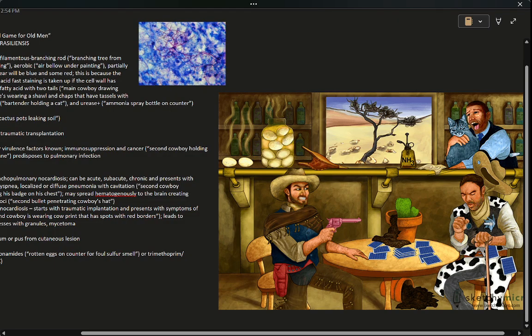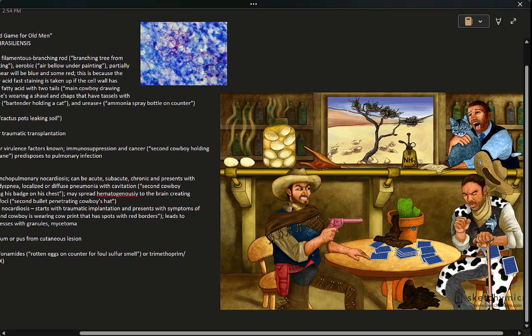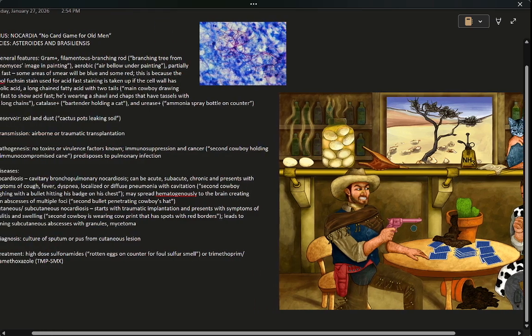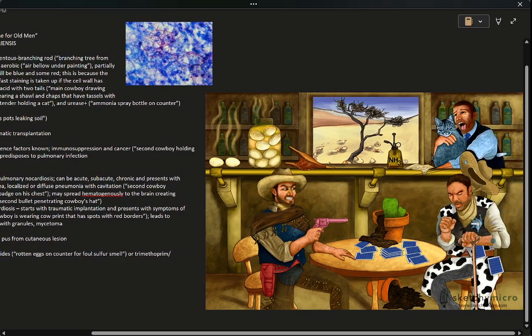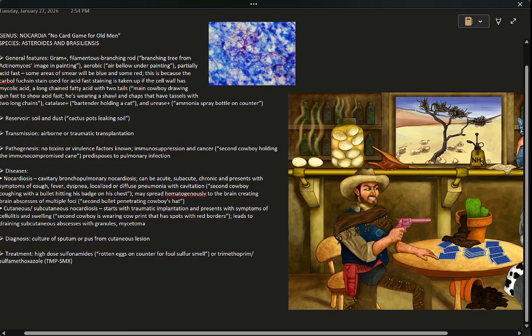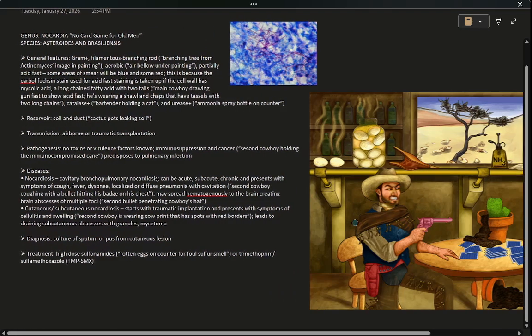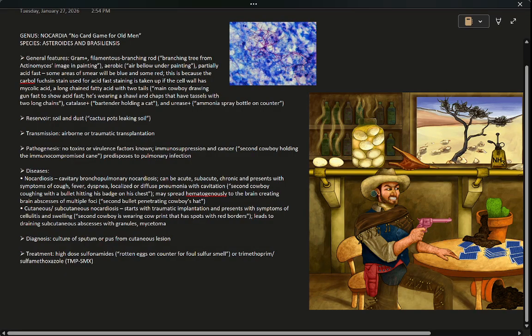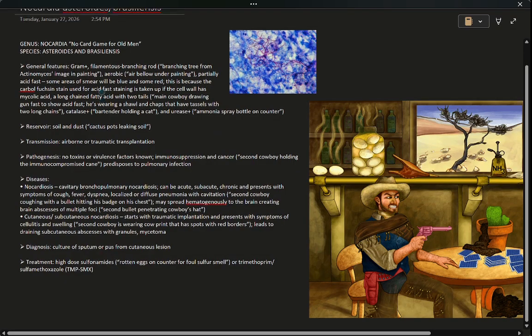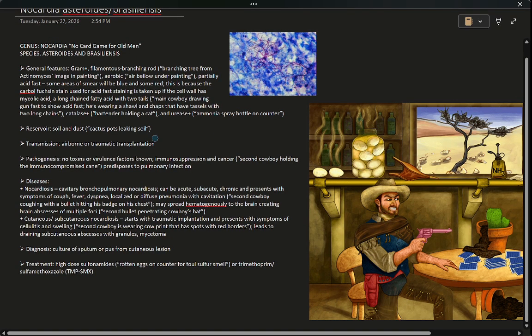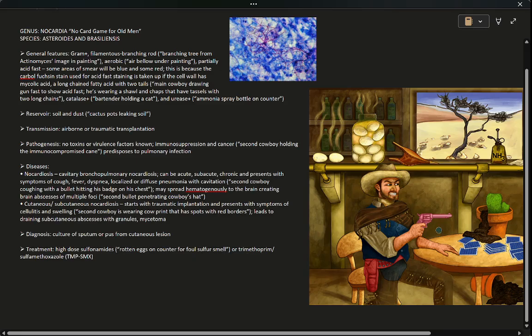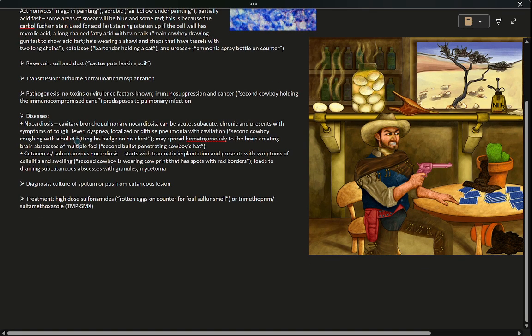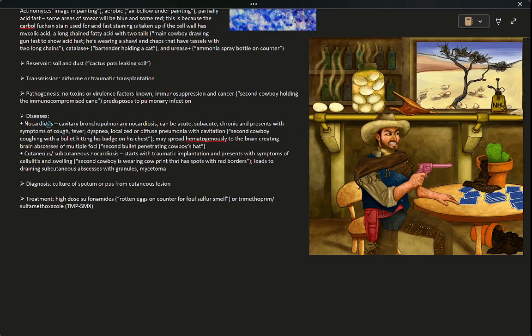He is obviously about to cough, and then there's a bullet that is hitting the badge on his chest over here, presumably fired by this first cowboy who was supposed to represent this Nocardia bacteria. We'll just call him the Nocardia cowboy. But anyways, so those are the important characteristics of nocardiosis.